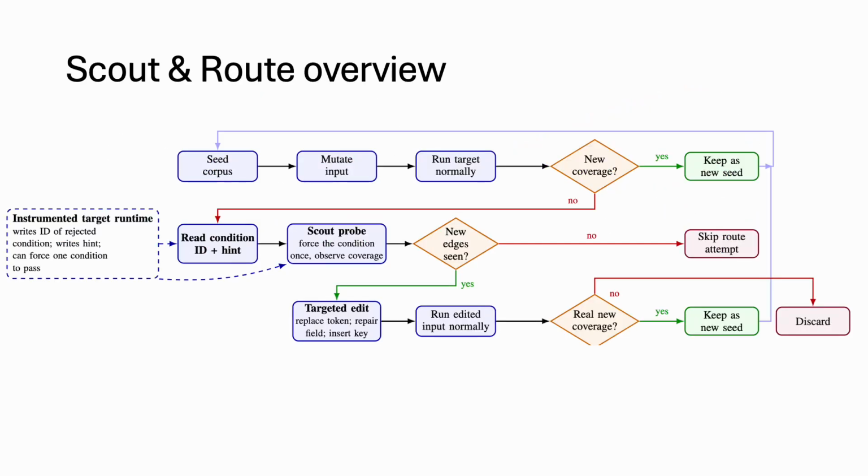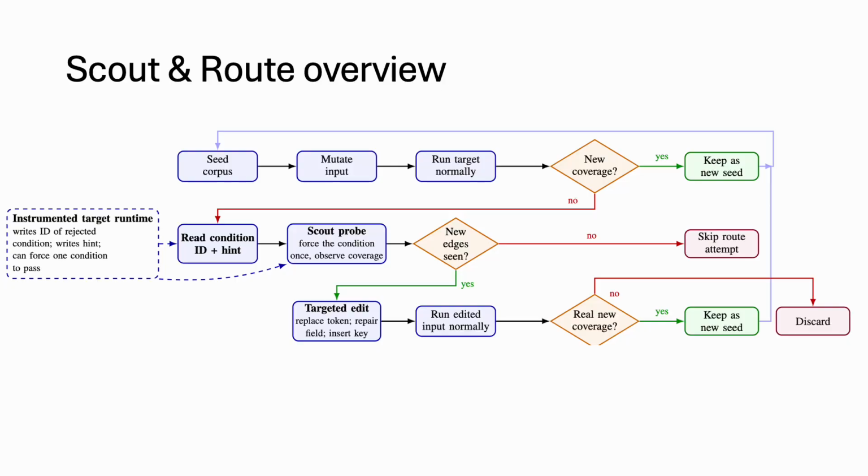So this diagram pretty much shows the whole idea, the whole loop. And you can see that the top row is just a normal fuzzer where there's a seed corpus that gets mutated, and then whenever there's a seed that actually adds coverage, it will store this into the seed corpus.